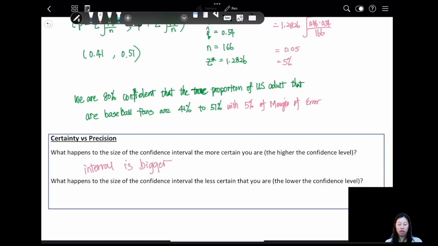What happens to the size of the confidence interval if you are less certain? That means a lower confidence level. If you have a smaller net, you will be less certain to catch the fish, right? So a smaller net means the interval is smaller.